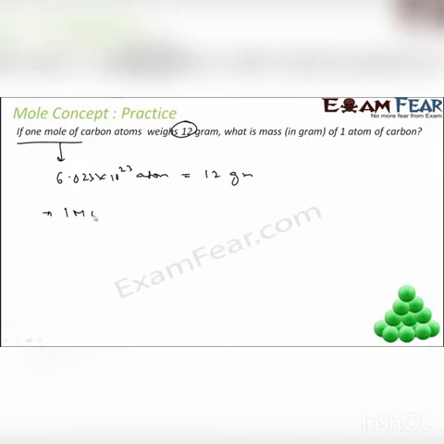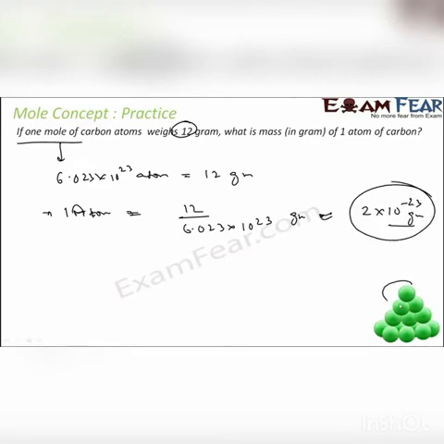So mass of 1 atom will be 12 by 6.023 into 10 to the power 23 gram. Solve this, you get approximately 2 into 10 to the power minus 23. So that is the mass of 1 carbon atom.